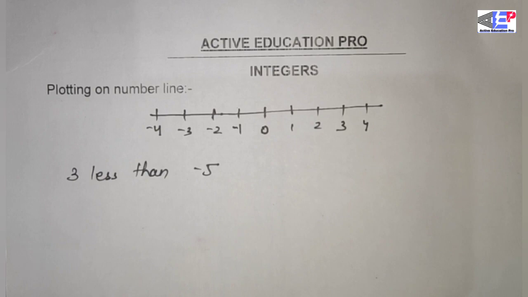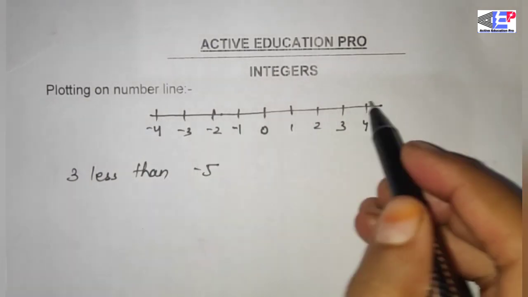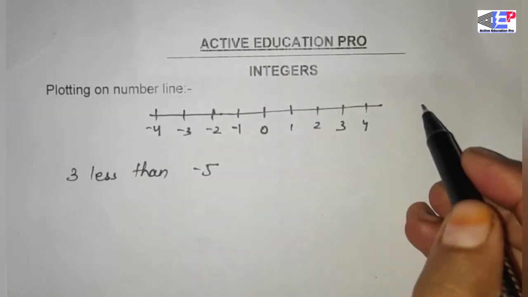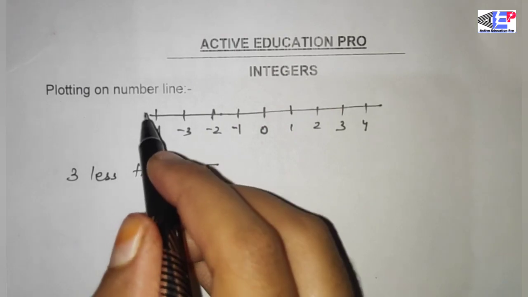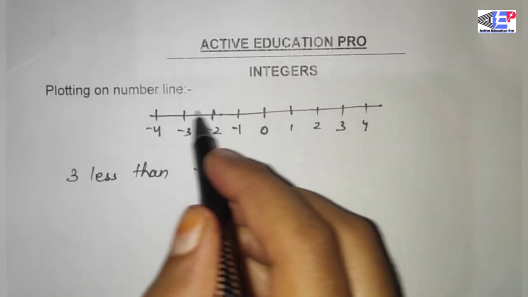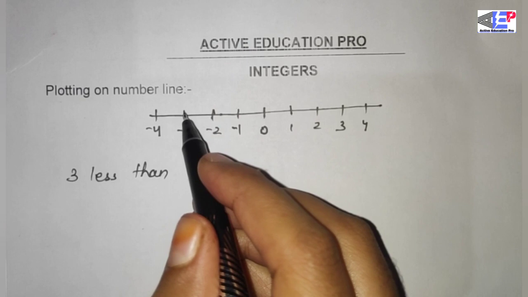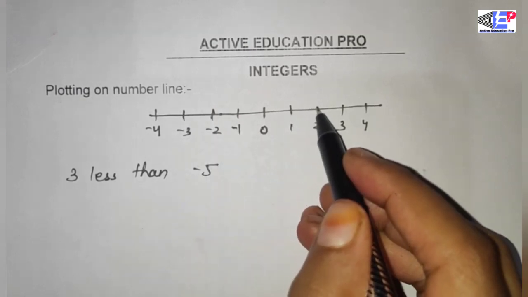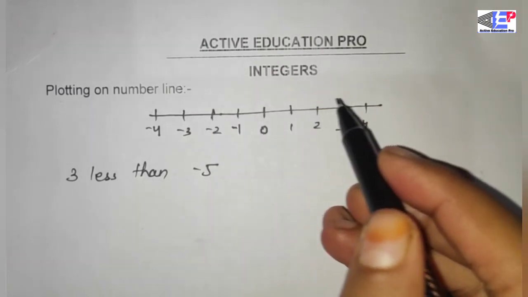When you move on a number line from right to left, the value decreases: 4 to 3, 3 to 2, 2 to 1, it decreases. When you move left to right, the value increases. You get the successor one by one: 1 plus 1 is 2, 2 plus 1 is 3.